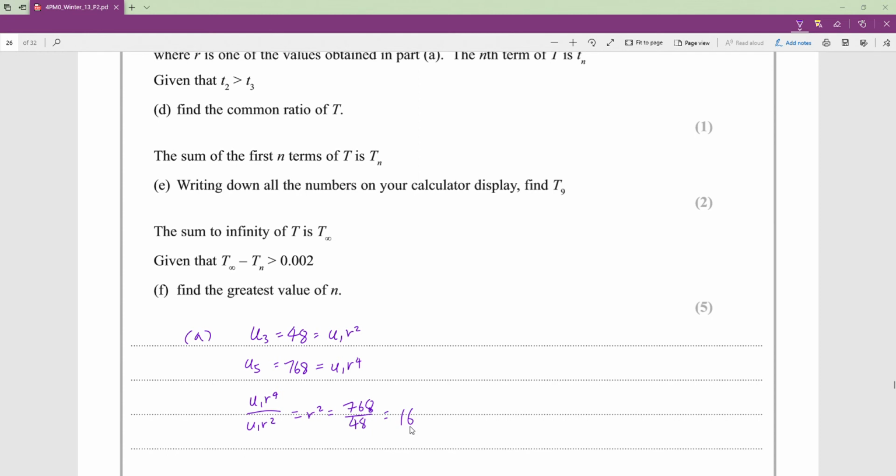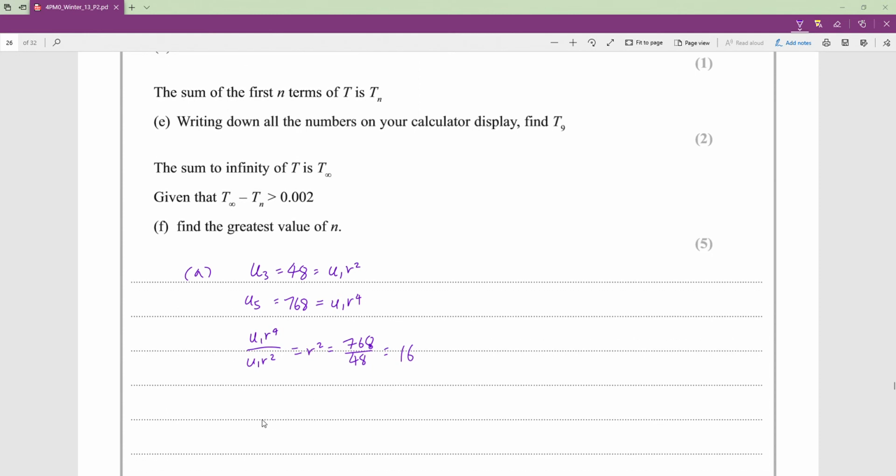So it follows from this that if R squared is equal to 16, then the two possible values of R are positive 4 and minus 4.